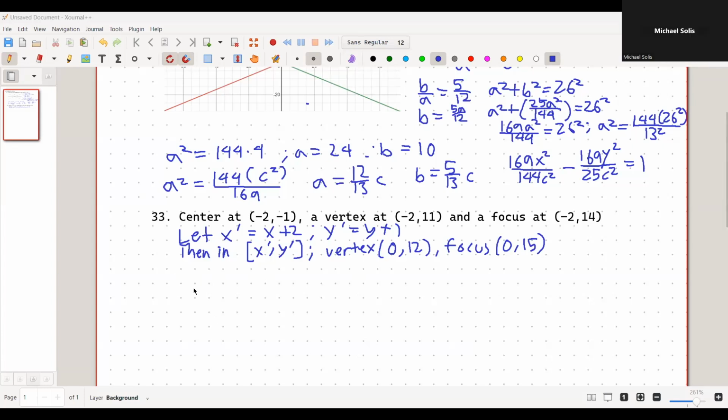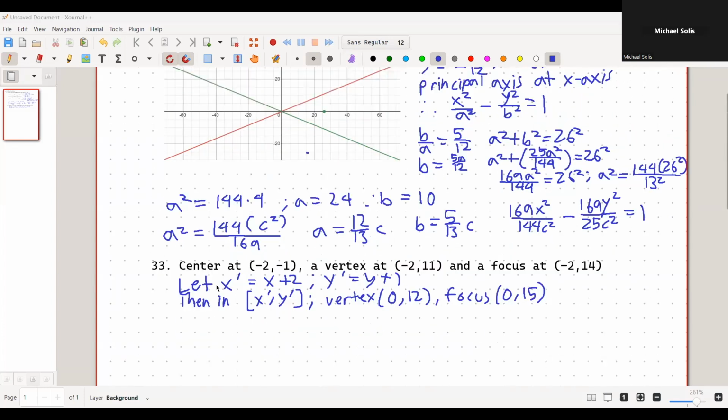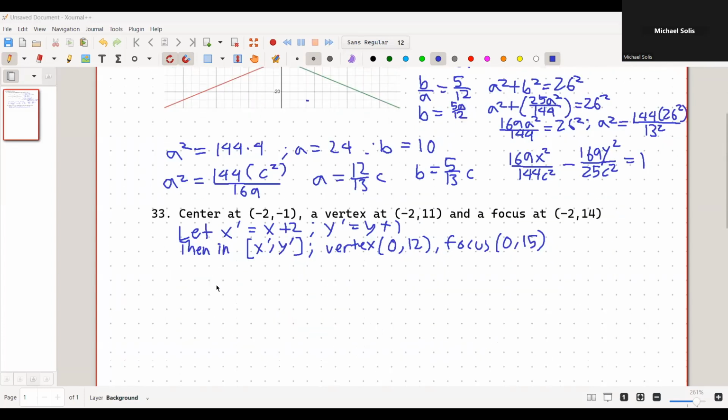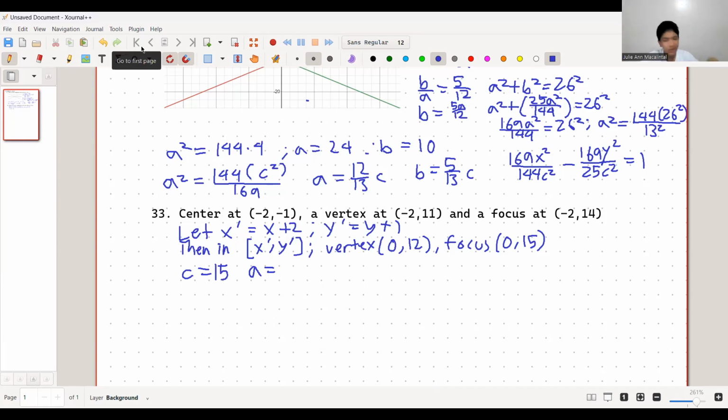So ang major axis ay is equal to 1. So since we know that the vertex is 12, paano po alam? Okay. Nasa Y yung vertex.